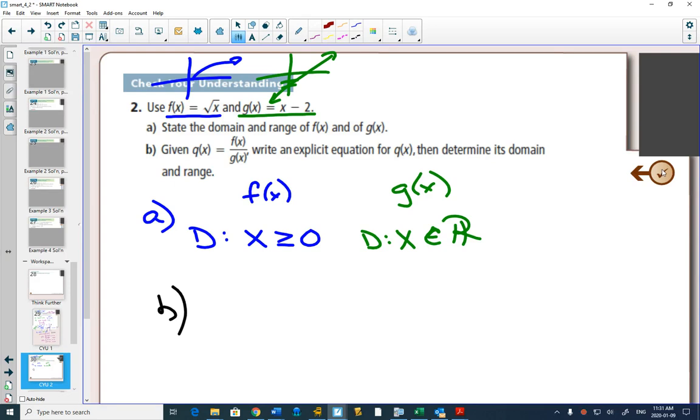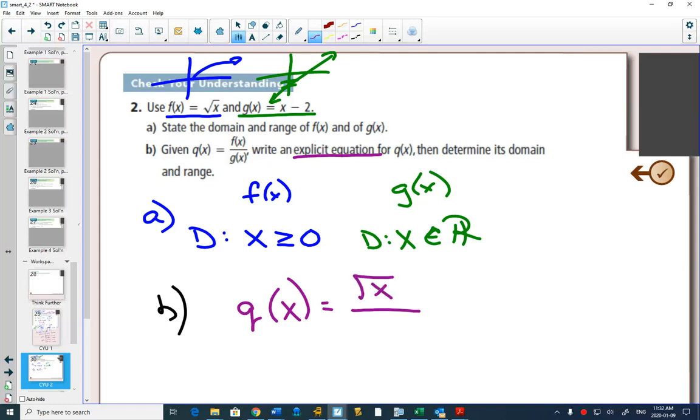Now in part B, again, we've got to write an explicit equation. So q of x will equal, in an explicit equation, on the right-hand side, you have only x's, not function notation. So instead of f of x in our numerator, we'll write square root of x.